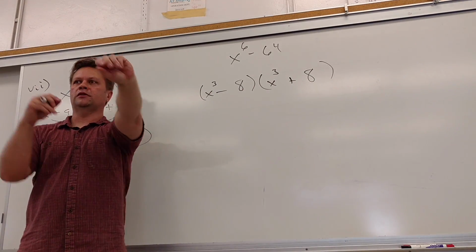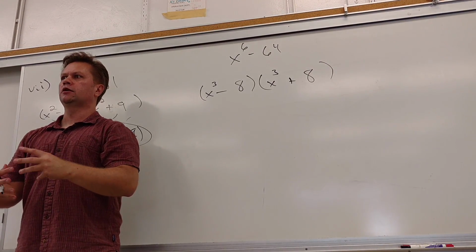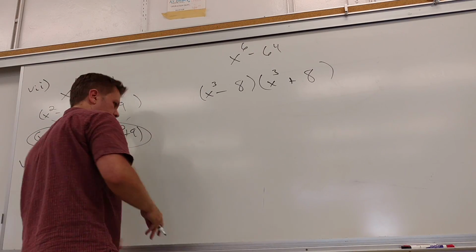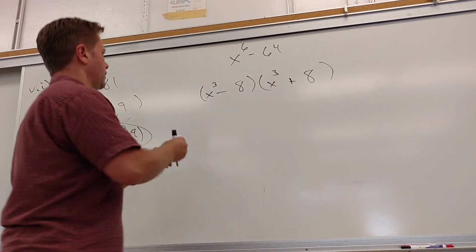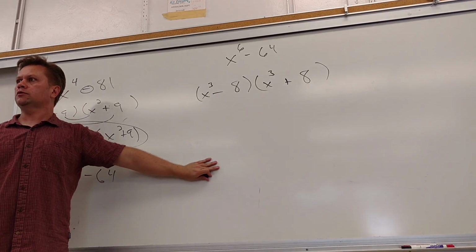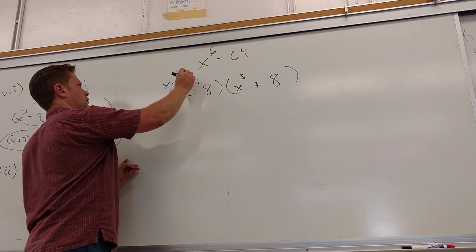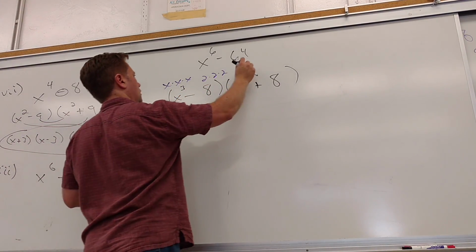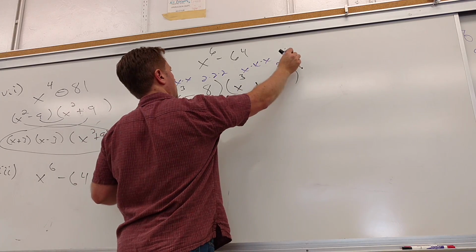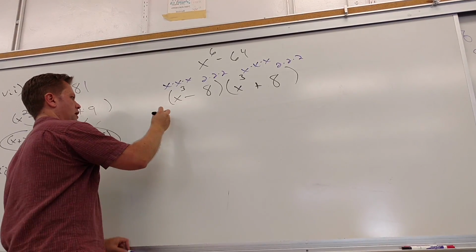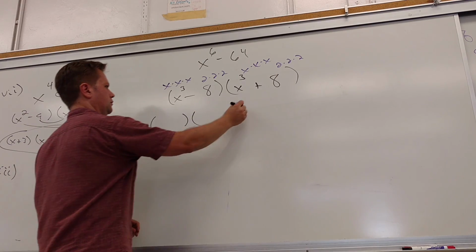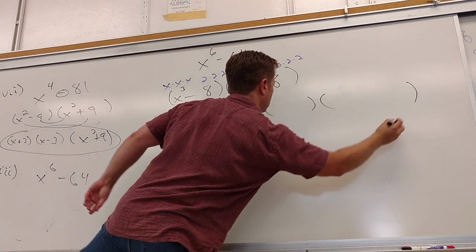Cubes. So this is a nice segue into cubes. How do cubes work? Well, you break everything in thirds now because it's cubes. x minus 2, then x squared plus. Little dude, big dude, little dude, big dude.